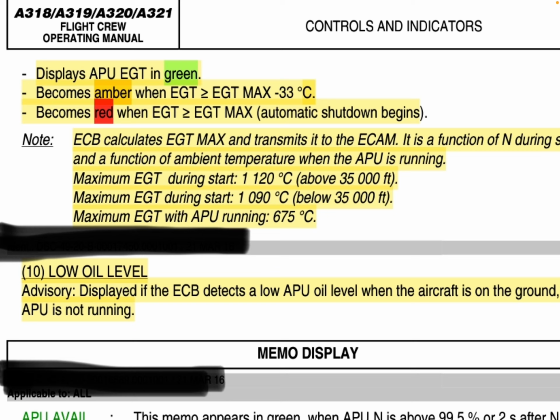Keep it in mind: when the APU start completes, this maximum EGT drops down to 675 maximum. Remember it. But in the case of engine EGT limitations, it is opposite. In the beginning it is less, and during operations the value is more than the initial value, right?